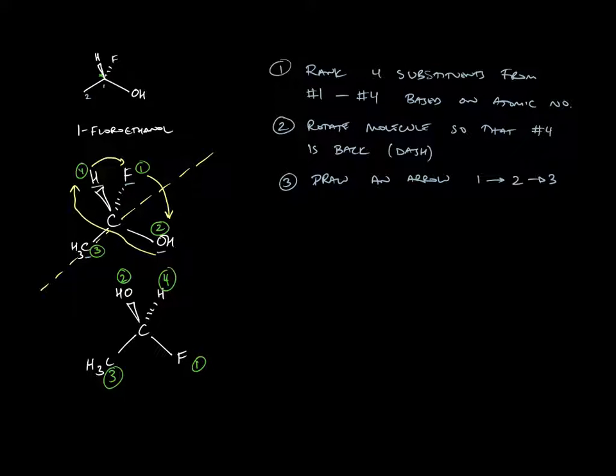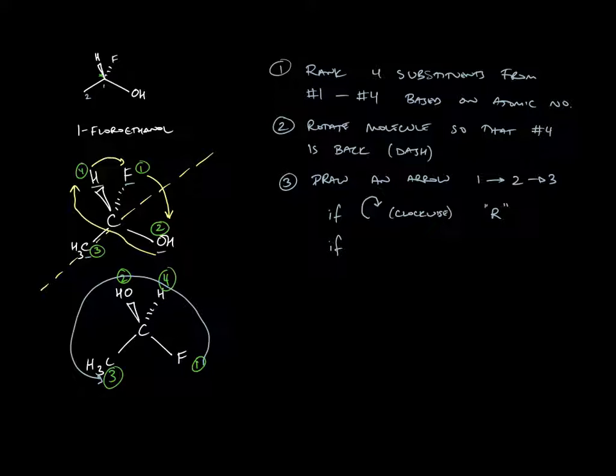We draw that arrow from 1 to 2 to 3, and that's what we'll do right here. So here's number 1, there's number 2, there's number 3, and if the arrow is clockwise, then we designate that specific chiral center as R.